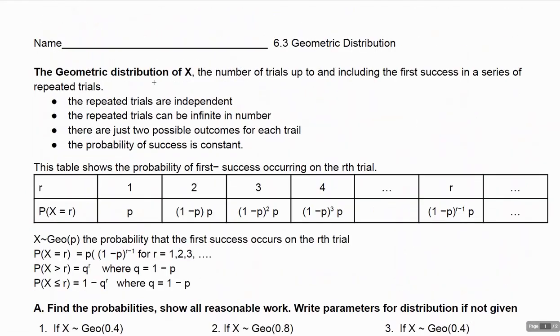And again, they talked about this today. There are 3 formulas. When it's equal, I actually think of it like this. I think of failures, so if I'm looking for the probability of x equaling some number, say 7, then there have to be 6 failures first. So whatever the probability of failure is, I put that to that power.